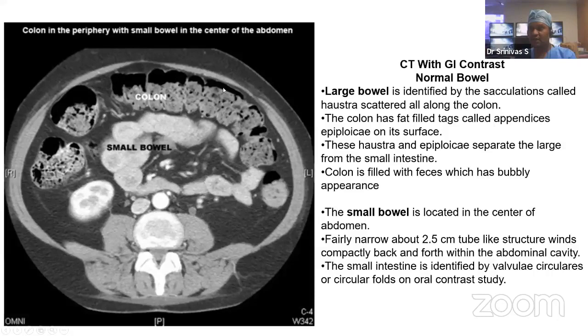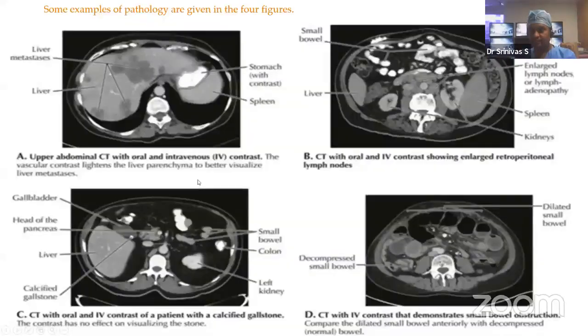You can see the colon has fat-filled tags called appendices epiploicae on its surface. These haustra and epiploicae separate the large from the small intestine. Here you can see that the colon is filled with feces. The small bowel is located in the center of the abdomen, which is usually normal, and it is the normal place to have the small bowel.